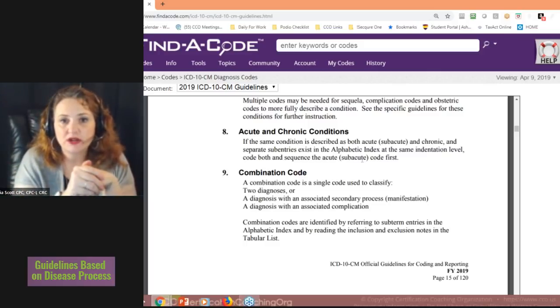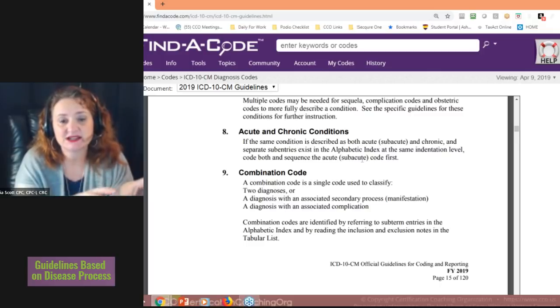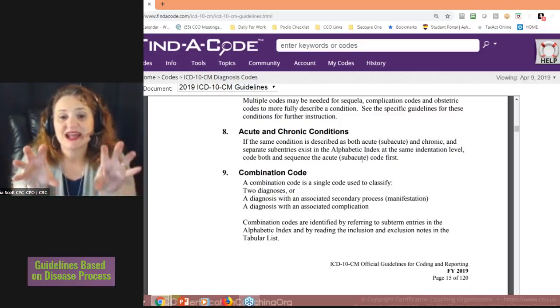So don't get confused that, oh yes, but this is a chronic condition that's really, really bad. But the disease process tells us that if something is sudden onset and acute, it needs attention immediately. And so that's going to be the primary focus of the encounter, no matter where it is. Acute always will trump chronic and be listed first unless there is a code for both of them.